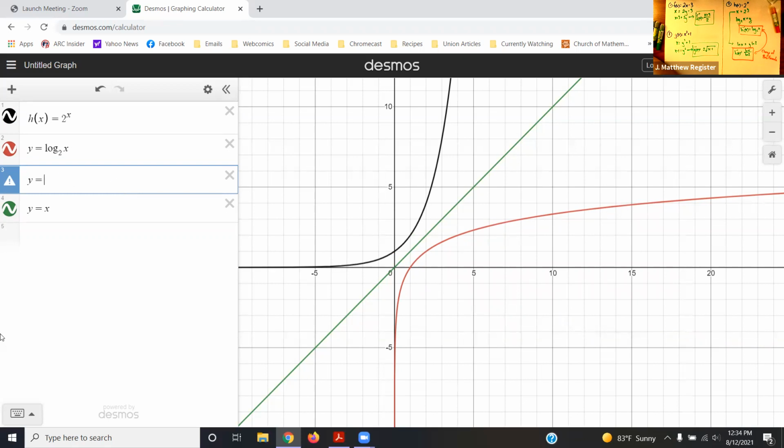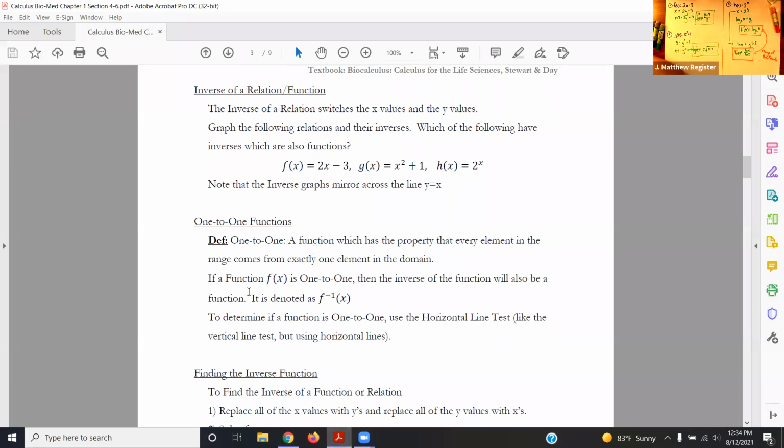Another thing we're interested in is knowing if the inverse function is actually a function. And that's what the idea of a one-to-one function is. A one-to-one function is a function which has the property that every element in the range comes from exactly one element in the domain.